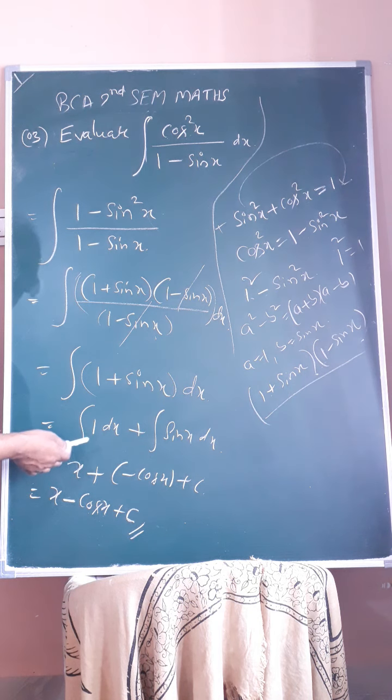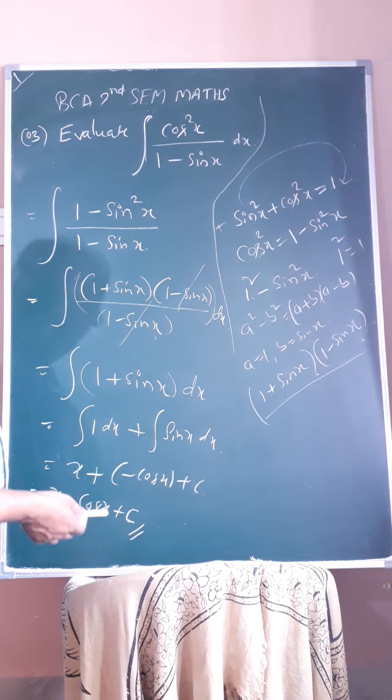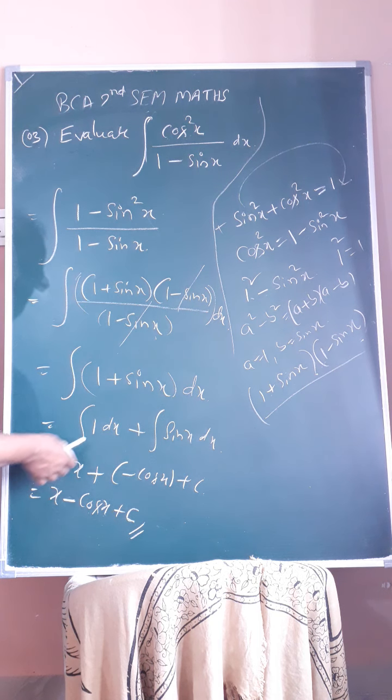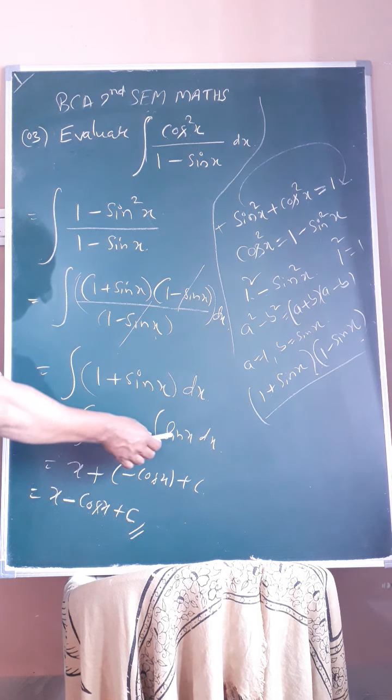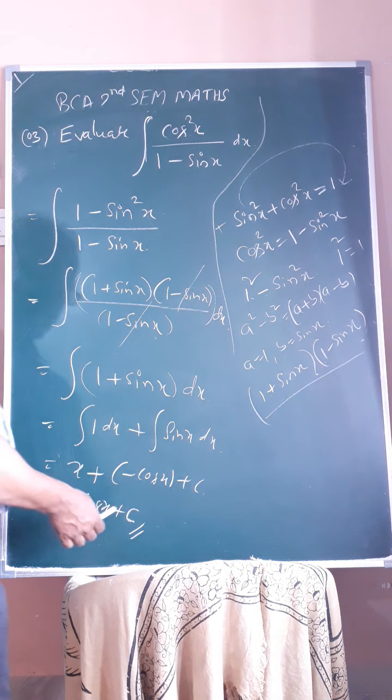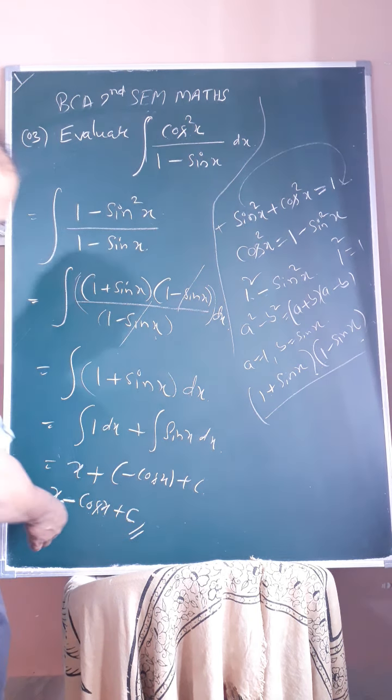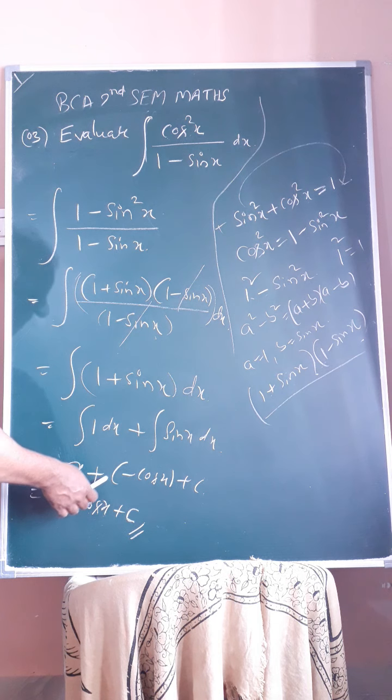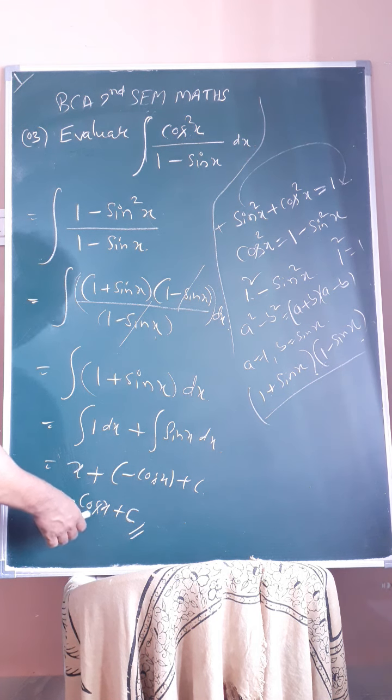Apply integration to each term: integration of 1 is x, integration of sin x is minus cos x plus c. Simplifying, x minus cos x plus c. This is the answer.